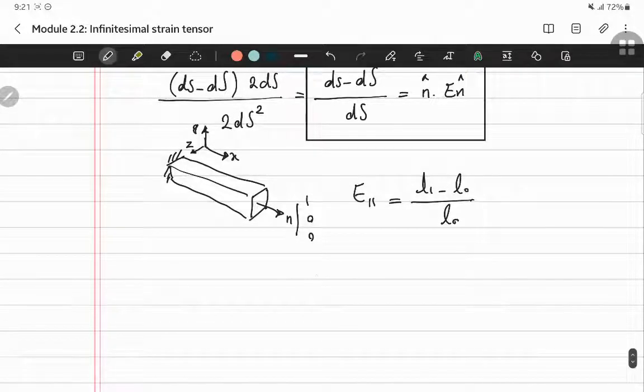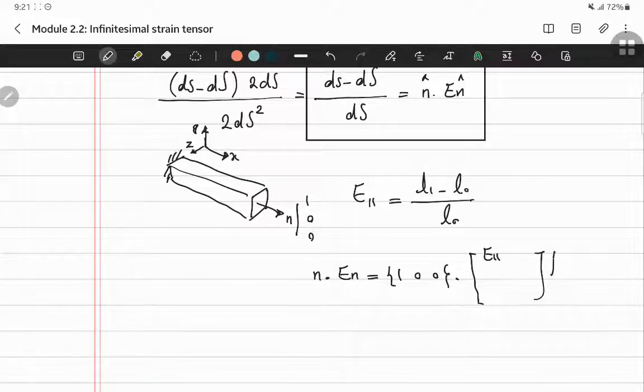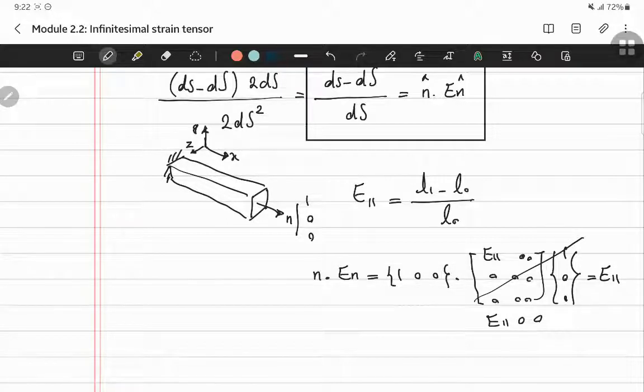Why? Because of n dot En. This n is basically (1, 0, 0) dotted with your E matrix, and the dot product basically gives you E11. The rest are 0 here.